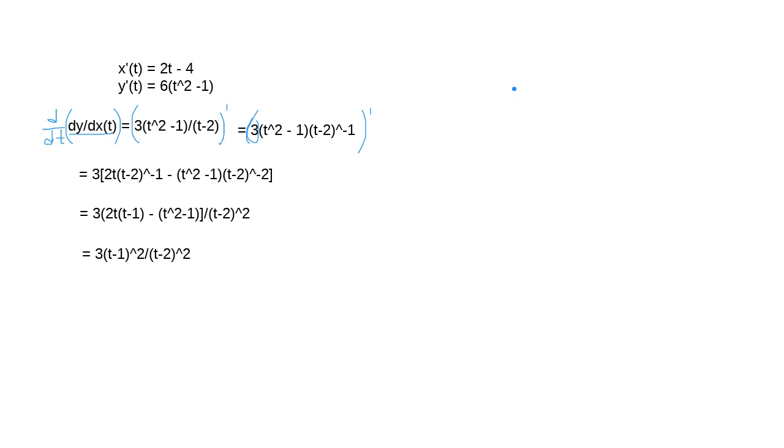Think of dy dx as a function of t. So that just equals whatever I have there, which is 3 times t minus 1 squared divided by t minus 2 squared, then divided by 2t minus 4, which is 2 times t minus 2 cubed. Let me know if I have made a mistake.